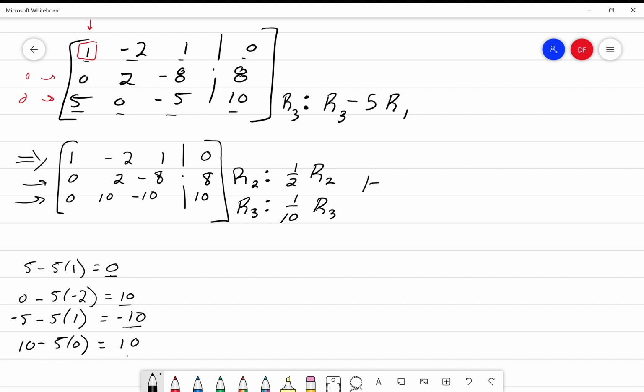And when I do that, the matrix I get, row 1 I haven't done anything to. Row 2 is 0. What's 2 divided by 2? I'll get 1. Negative 8 divided by 2 is negative 4. 8 divided by 2 is 4. And then row 3 I divide by 10. 0 divided by 10 is 0. 10 divided by 10 is 1. Negative 10 divided by 10 is negative 1. And 10 divided by 10 is 1.